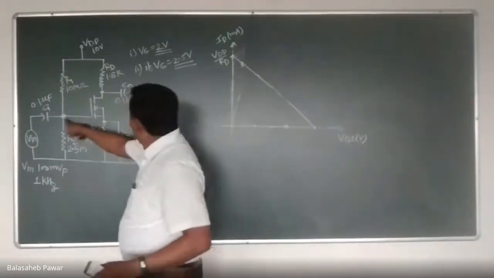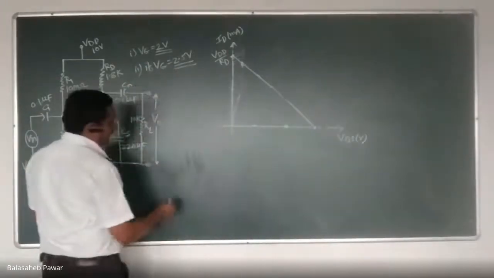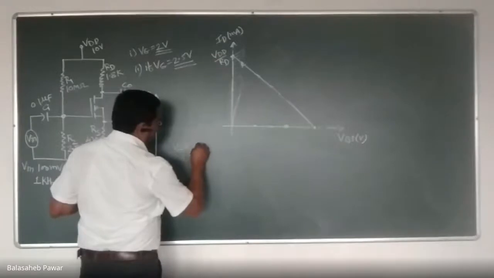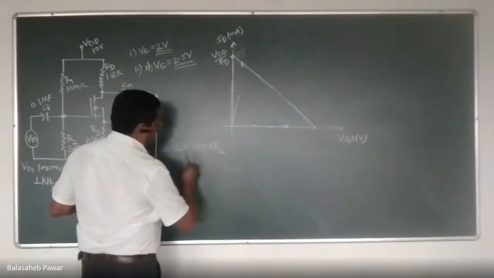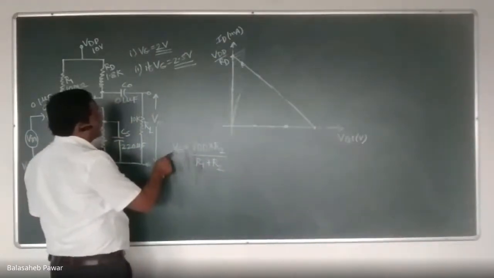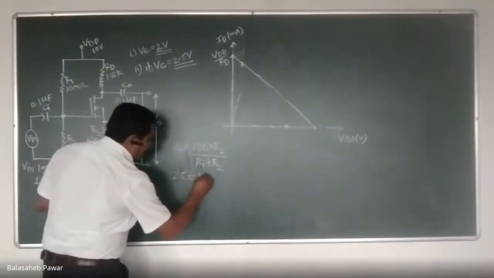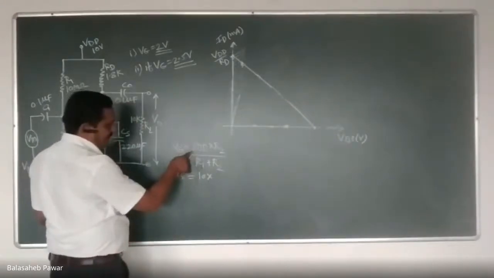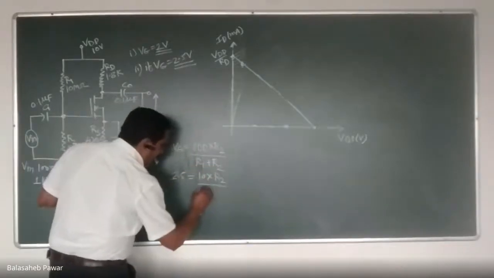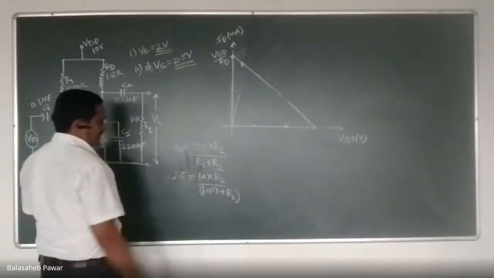To have this node voltage as 2.5 volts, how much should be the value of R2? By again applying the voltage divider rule, Vg equals VDD into R2 divided by R1 plus R2. Now instead of Vg as 2 volts, how much do we require? Suppose 2.5 equals VDD, I will keep VDD as 10 volts, into R2. I want to observe the change in this R2 divided by R1, that is again the same, that is 10 mega plus R2. Calculate the value of R2 fast.